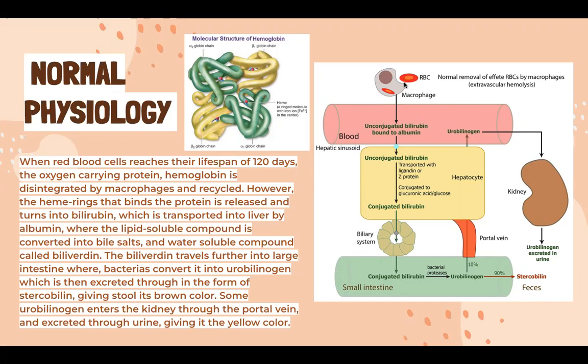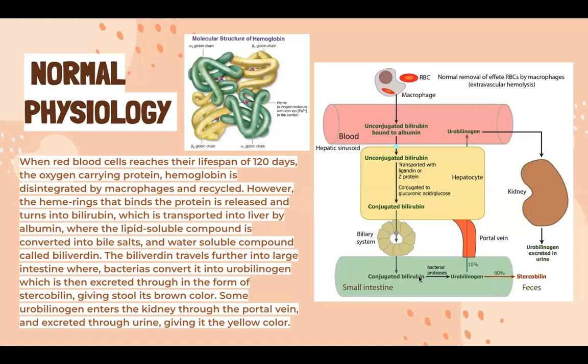However, the heme rings that bind the protein cannot be recycled, so it is turned into bilirubin, which is a lipid-soluble compound, and it is transported to the liver to be converted into water-soluble compounds called biliverdine. After it is converted into biliverdine, it enters the gallbladder in the form of bile, and it passes through the gallbladder and enters the small intestine where it is converted.